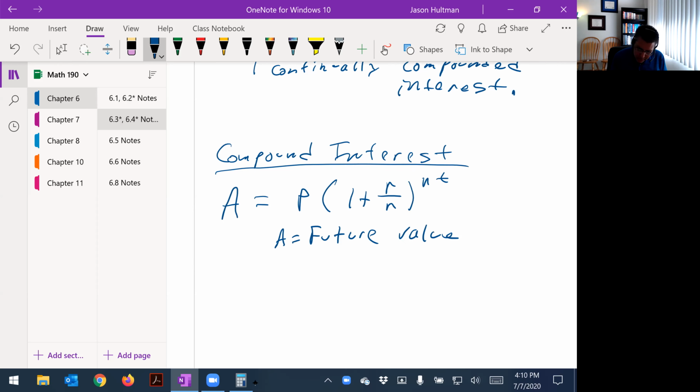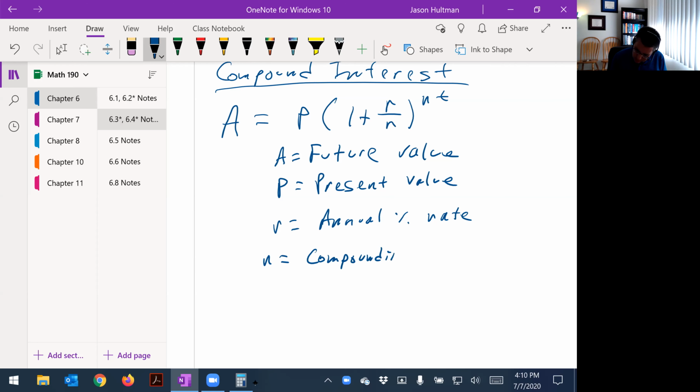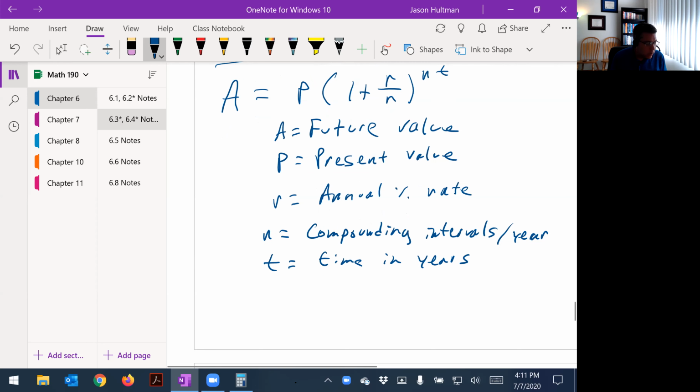P is what we call the present value of our money. r is the annual percentage rate. n is the number of compounding intervals per year. And t is the time in years. So there's our compound interest formula.